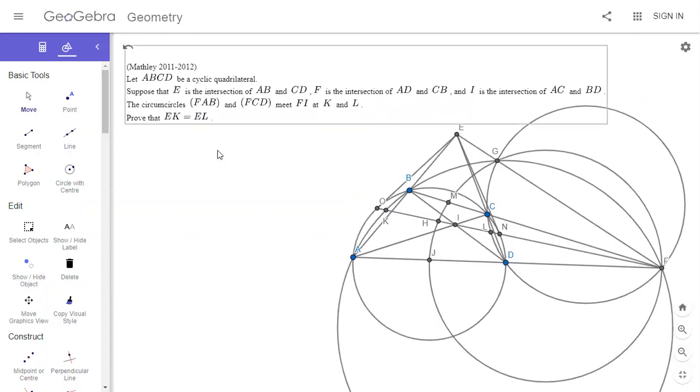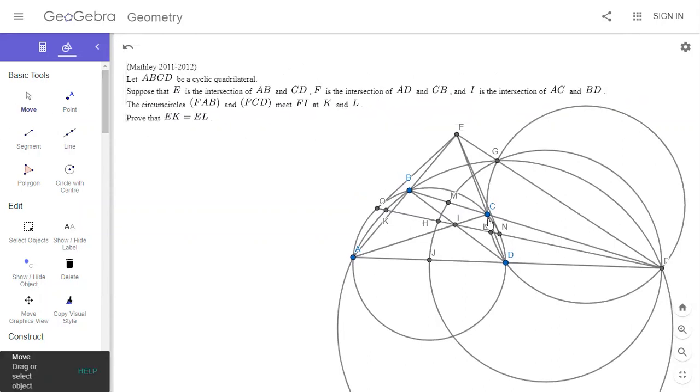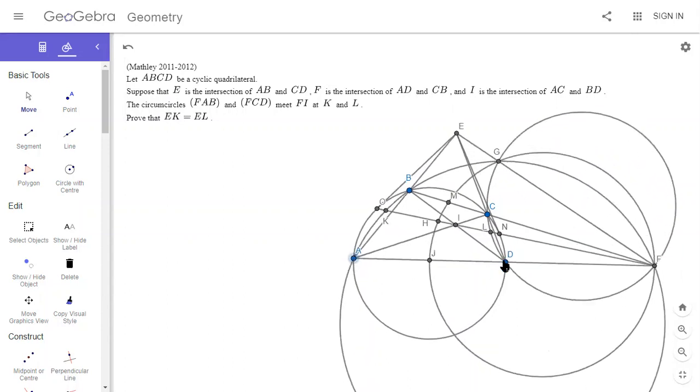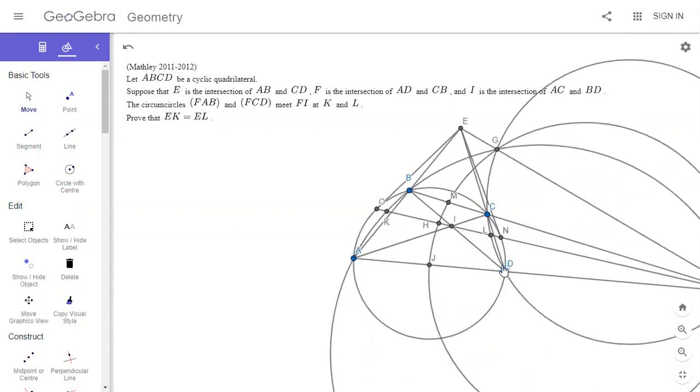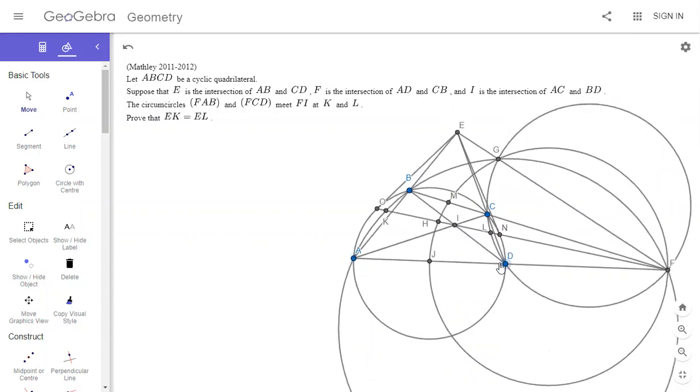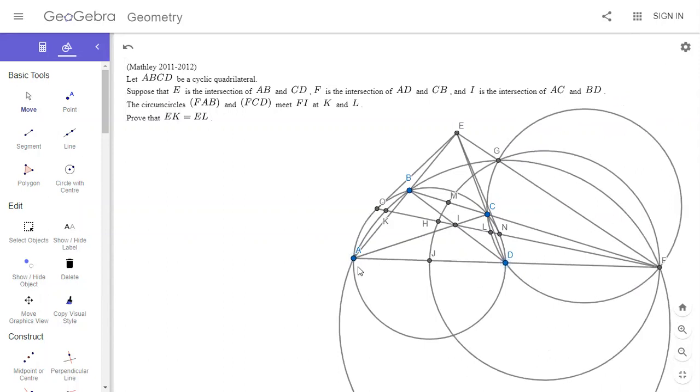Actually, I don't think we need point M. Oh, AD is not necessarily a diameter, sorry. But I kept thinking AD is a diameter, and I think the proof still works.